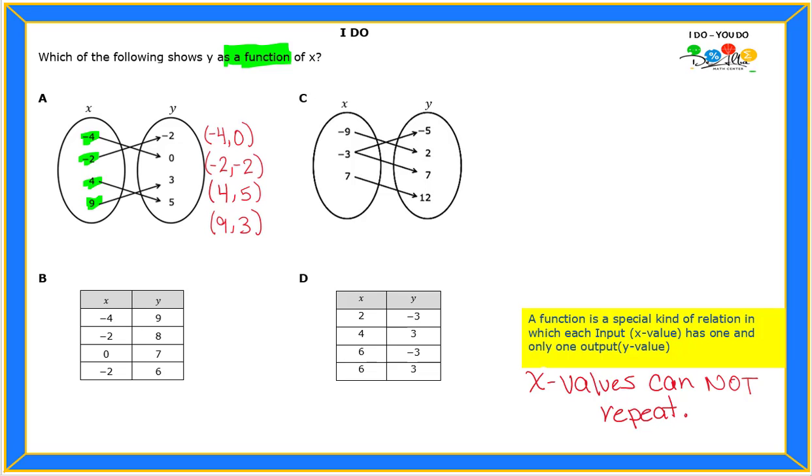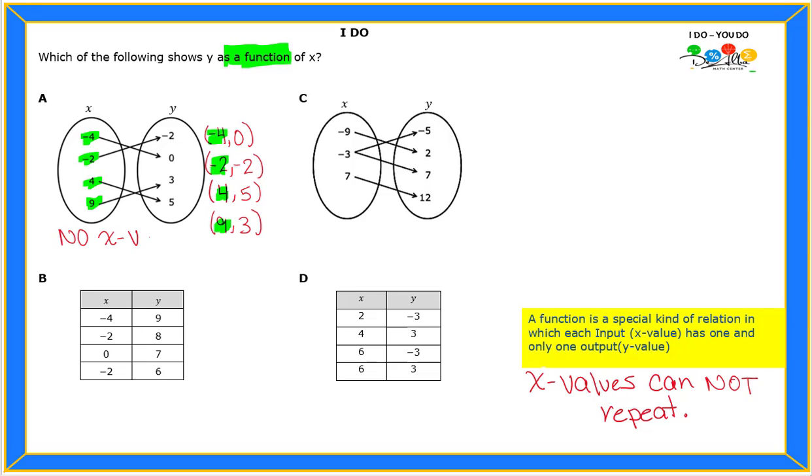So now I'm gonna look at my x values here, okay? And now I'm gonna decide, do I see any x value that repeats? No, right? All my values are unique, they're different, right? So I can say that no x value repeats. So let me write it down.